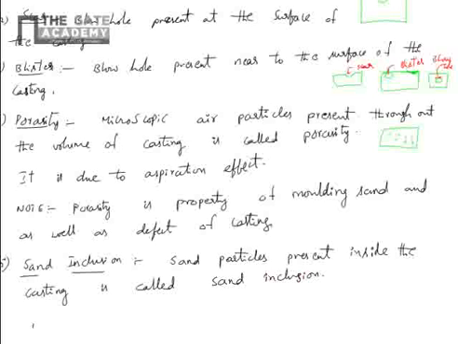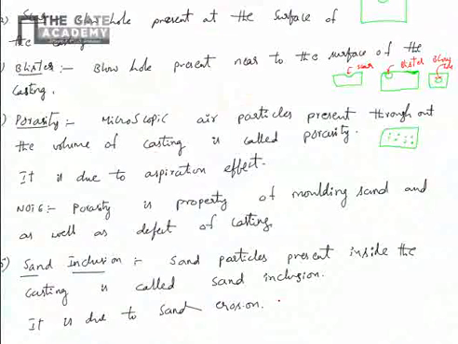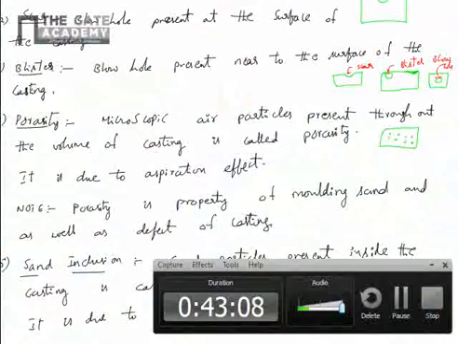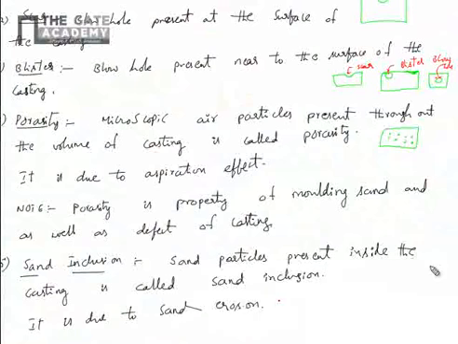Sand inclusion happens due to sand erosion. When erosion takes place in a large casting gating system, and the flow of molten metal in the sprue is turbulent instead of laminar, erosion takes place. These are a few things you need to consider while designing the sprue or runner.